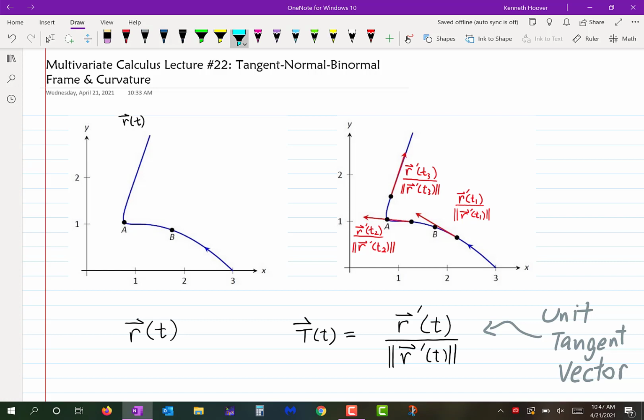So this is important. That's unit tangent vectors. And what they do is they indicate the direction of travel at any point along the path.